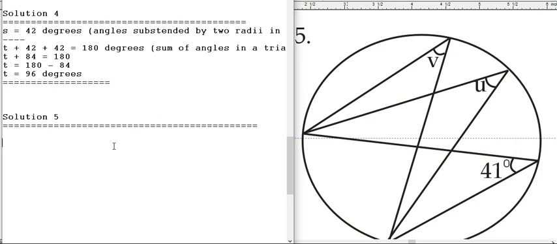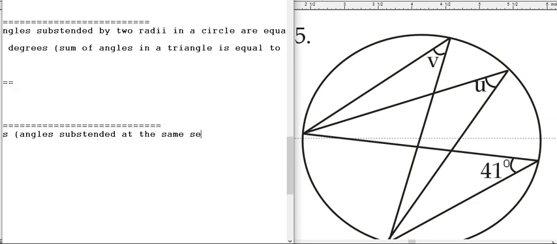So therefore, we can say that V is equal to U, which is equal to 41 degrees, because angles subtended at the same segment are equal.